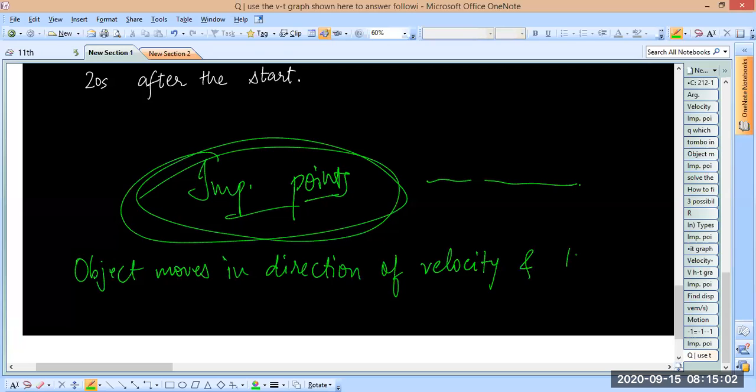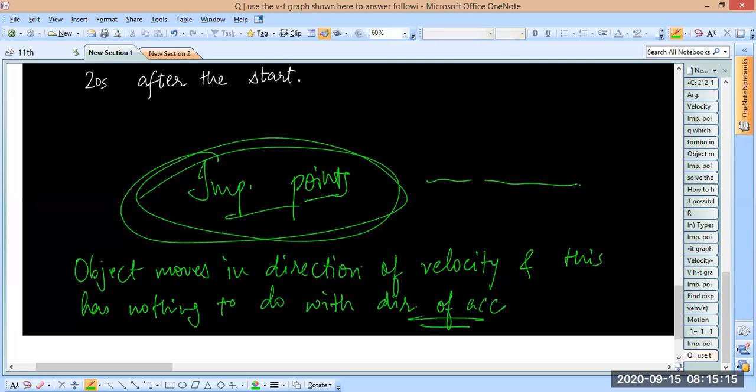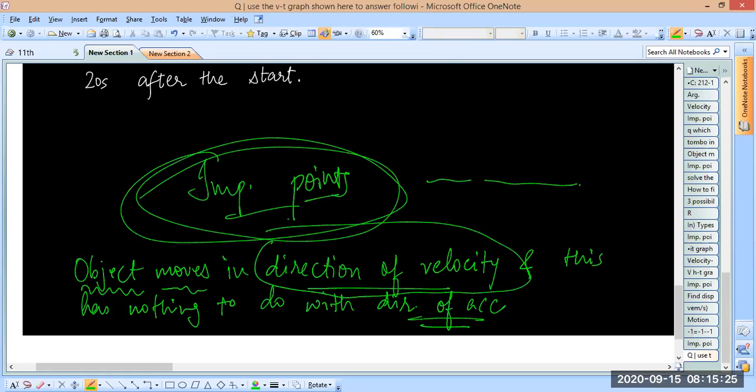And this has nothing to do with direction of acceleration. Correct? So here the question was in which direction object moves. Then this answer is same as direction of velocity.